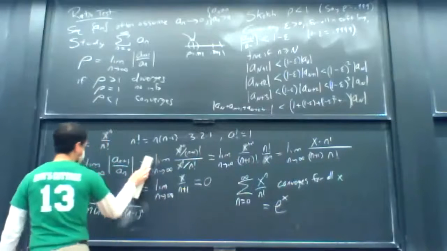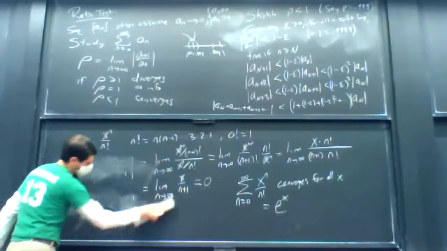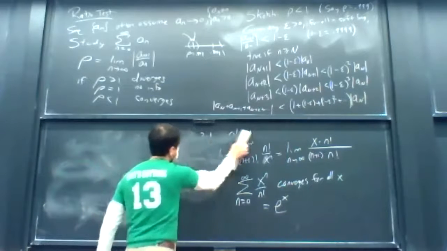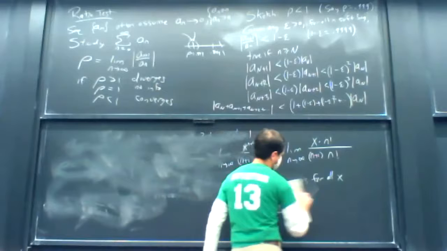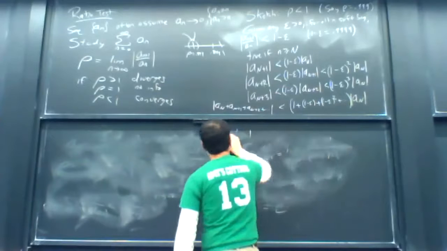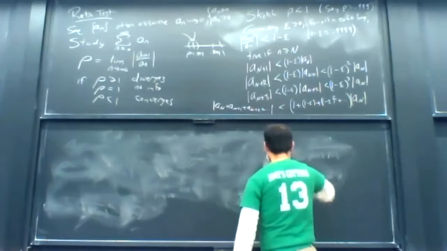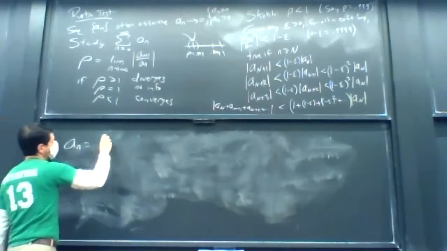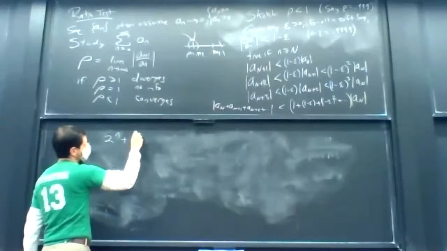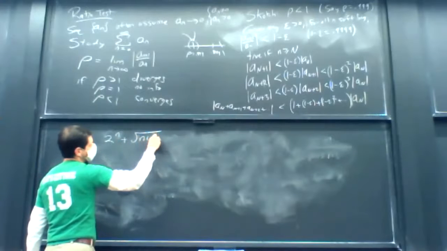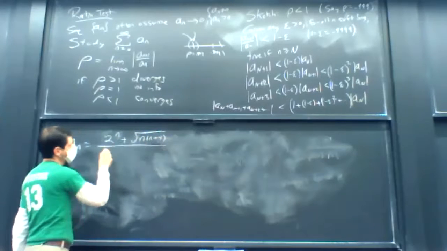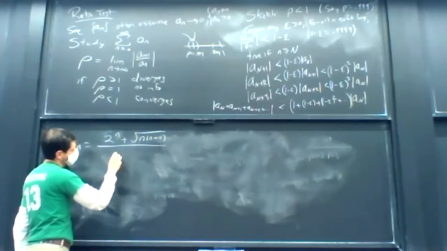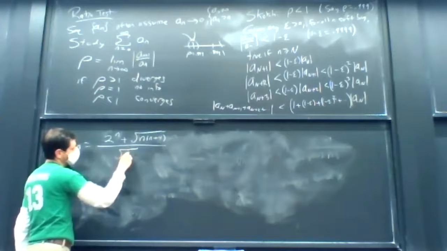Okay, let me give you another example that's a little bit harsh. An is 2 to the n plus the square root of n plus 4, divided by the square root of n factorial.